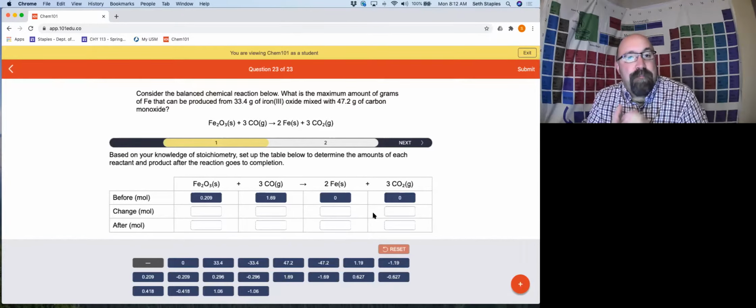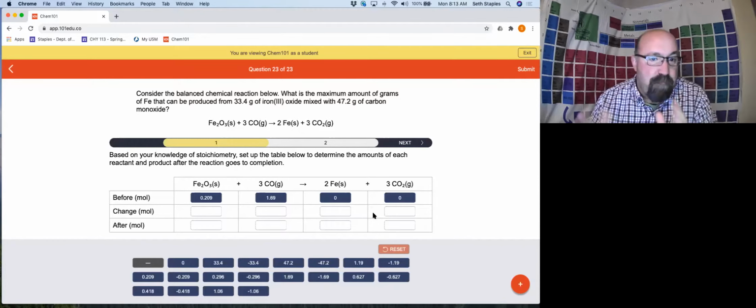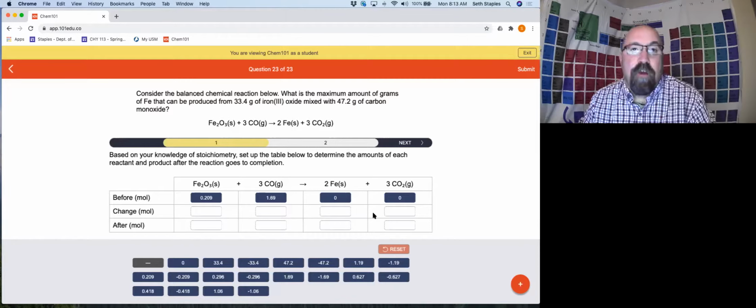Now we have to think about the change. And this is where we have to consider our limiting reactants. And again, this is a different way to think about limiting reactants compared to the way that I have presented it in lecture. But one of the ways to think about limiting reactants is that one of the reactants is going to go down to 0. The other reactant will have some left over.